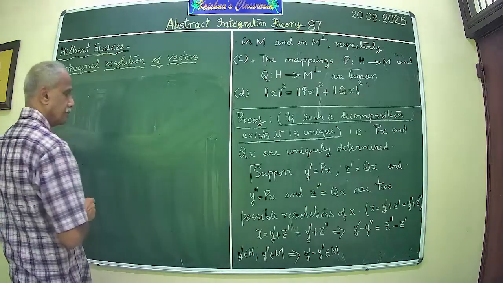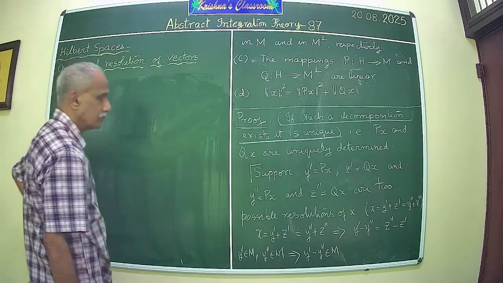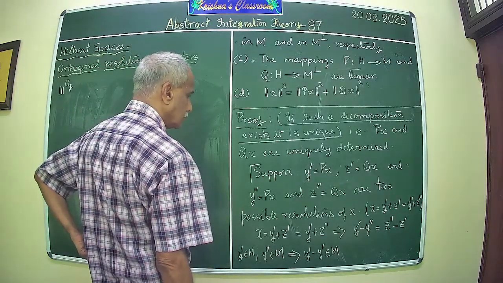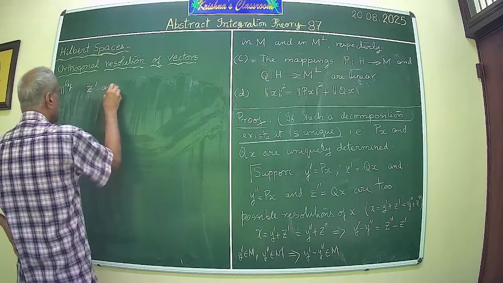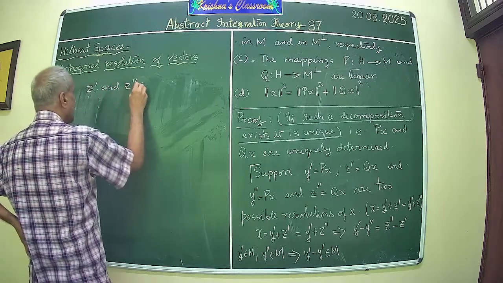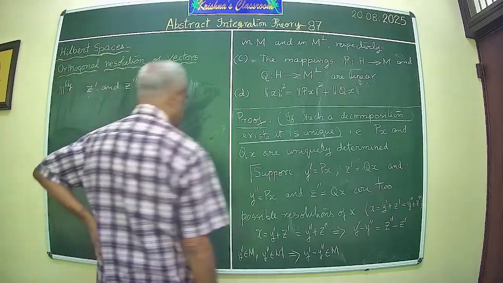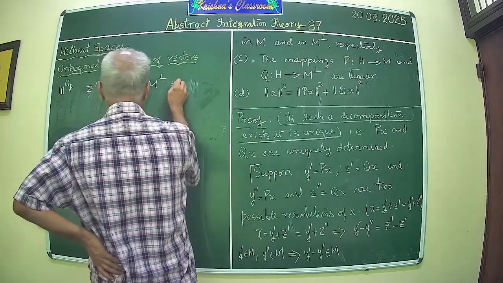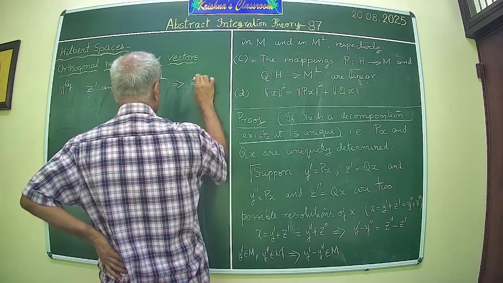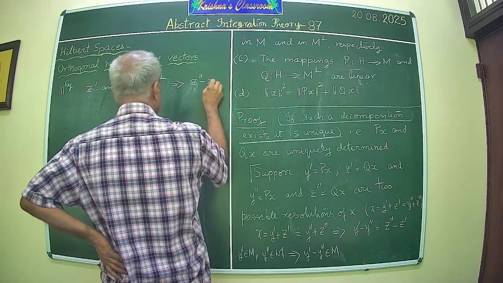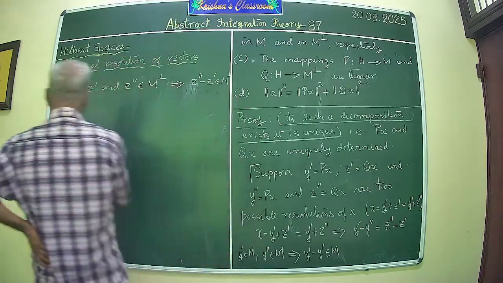Similarly, z double prime and z prime belong to M perpendicular, and M perpendicular is a subspace, which implies z double prime minus z prime belongs to M perpendicular, that is, M perpendicular is a subspace.